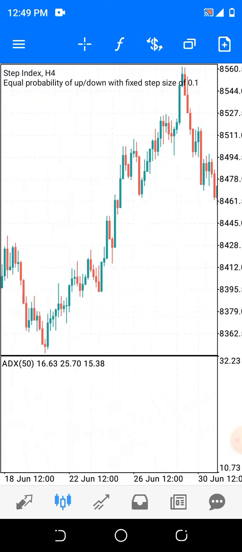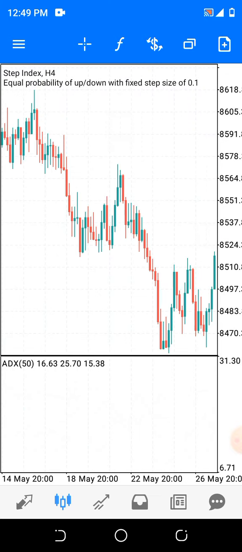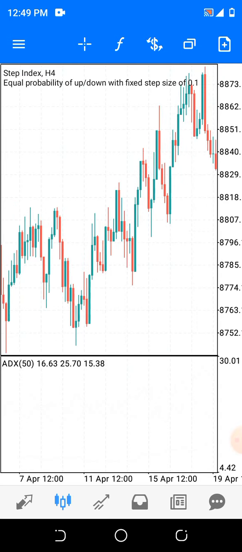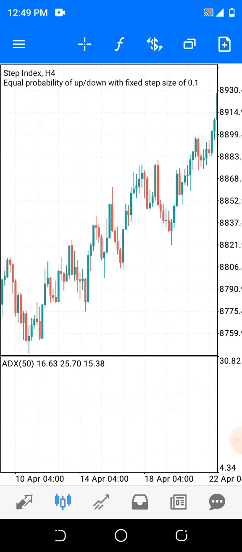Now let me start from here. You know that in the market there are three stages of the market. The direction or state of the market is either trending or ranging. Now, if you want to break it down further, when the market is trending, it is either trending upward or trending downward.